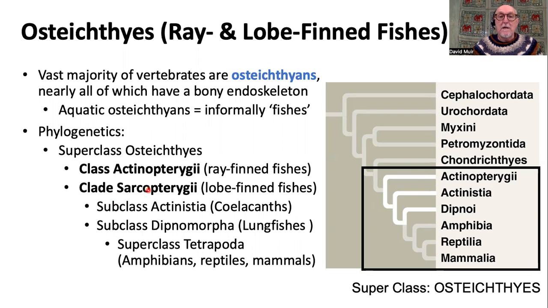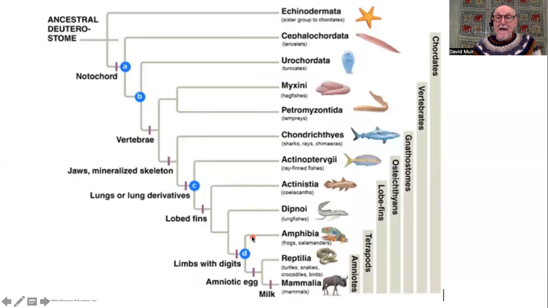And we are going to see that all of the rest of the vertebrates are closely related to this group here in the Sarcopterygia called the lungfish. So that is going to be the story of the evolution of the vertebrates from now on in.